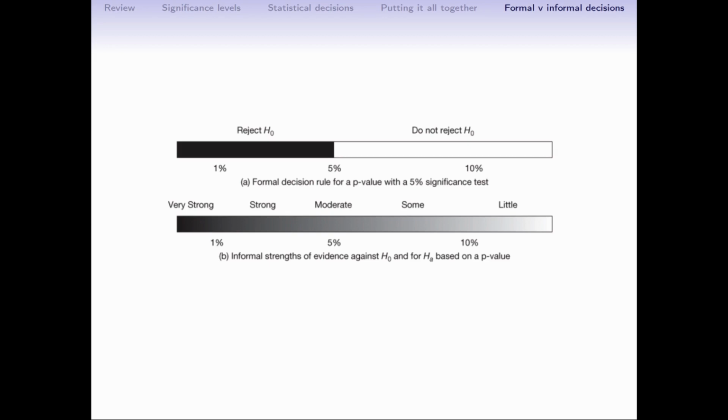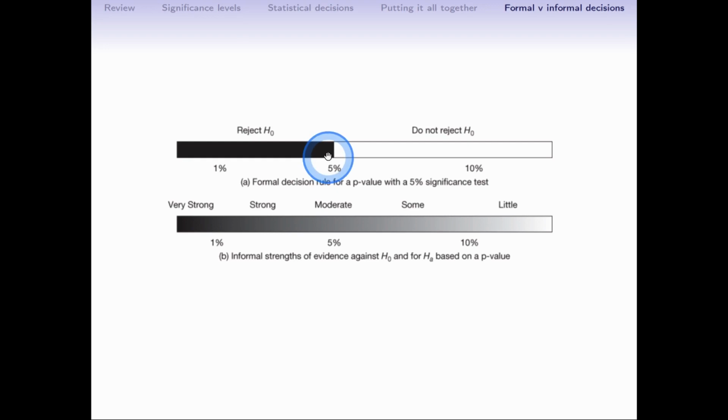So in a formal decision process, we have a significance level, let's say at 5%, and a p-value of 5.5% is in the range where we do not reject H0, right? And a p-value of 4.5% puts us in the range where we would reject H0 and support the alternative hypothesis.